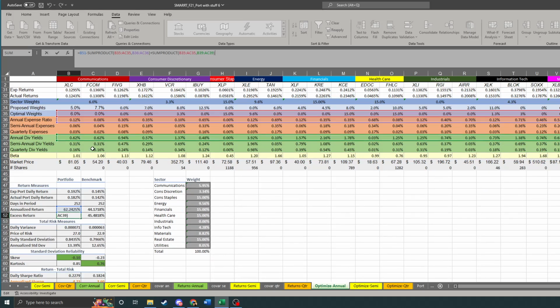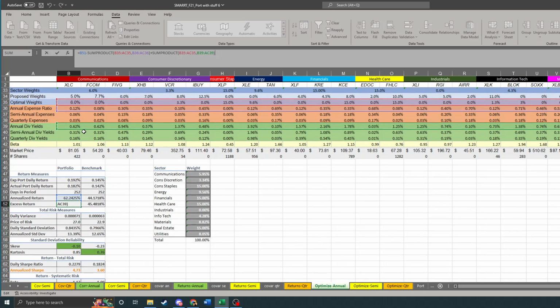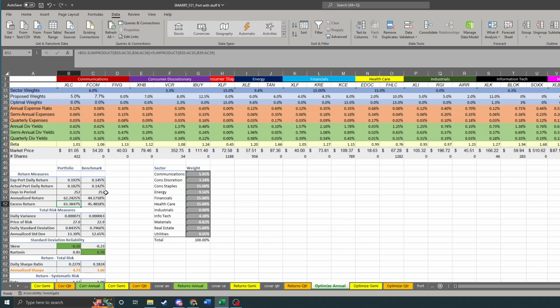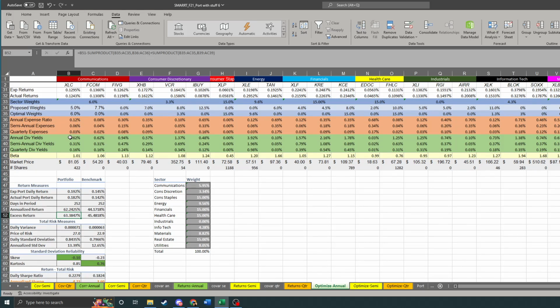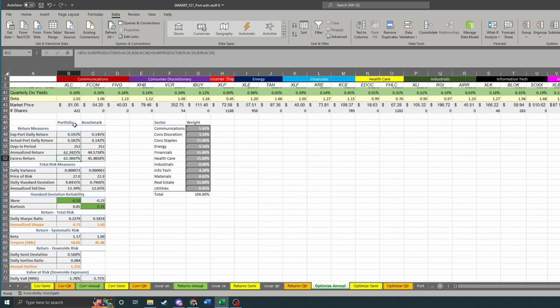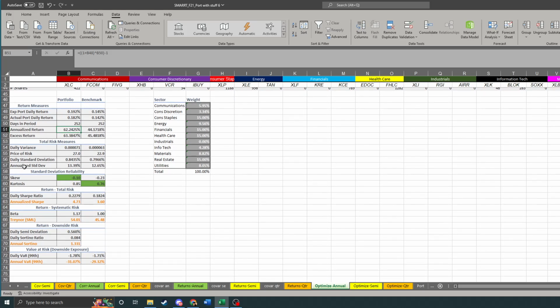So basically this is just including your expense ratio and your dividend yields. And these shouldn't be too different from each other. It should be a little bit higher if the dividends are higher than the expense ratios. That just kind of makes sense because all that's doing is just adding in dividends and taking out the expense ratio. So typically these are going to be higher than those, but if there's low dividends, they'll be lower.